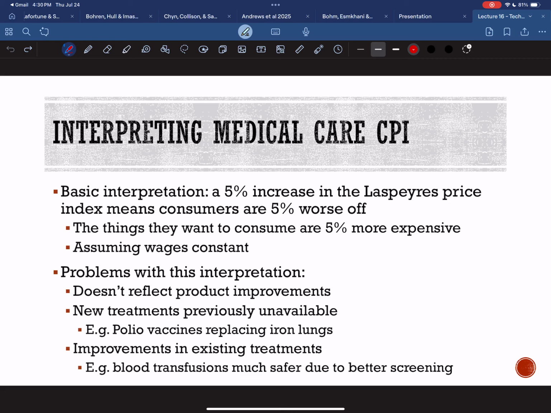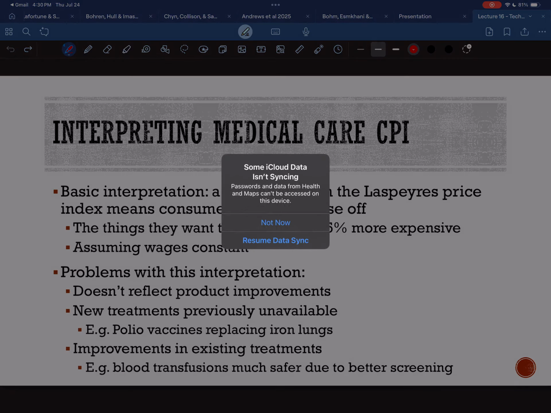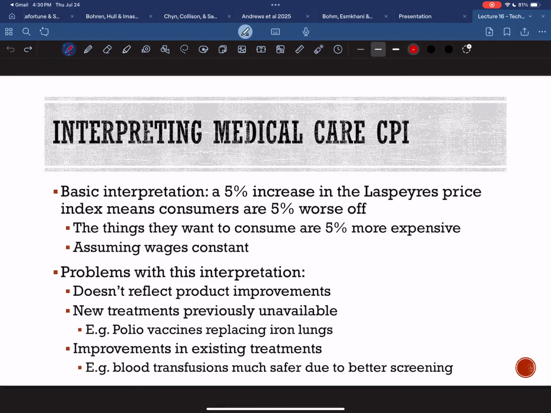So the most basic reading of an increase in the Laspeyres index for the medical care CPI is that a 5% increase in that index means I'm 5% worse off because the things I want to consume are 5% more expensive. However, there are problems with this interpretation, which hopefully will be ringing a bell from your macro courses. And if not, let's remedy that.